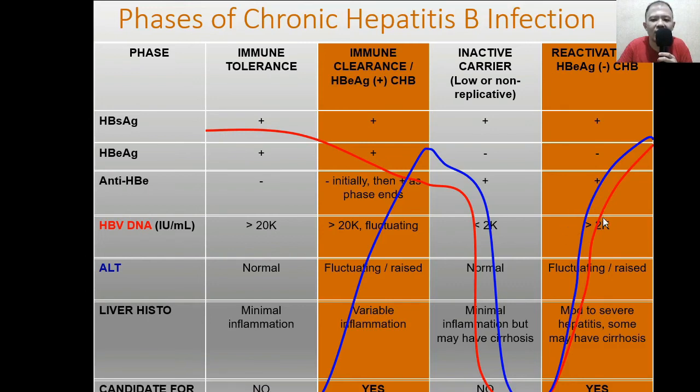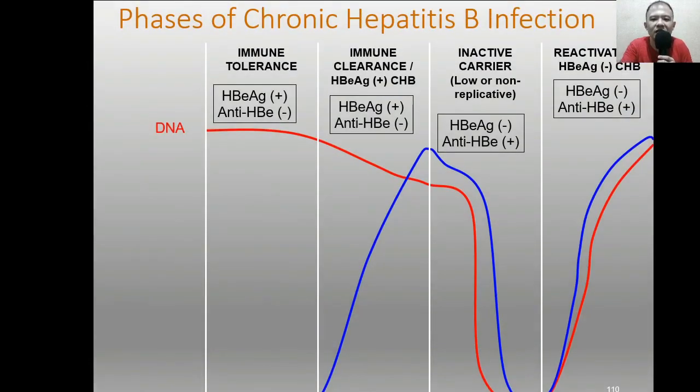Because the DNA is rising. So this phase is the exception. You may have a positive DNA, high increasing DNA, but not anymore with the HBe. So be careful. So that's the simplified graph showing us the enzymes.